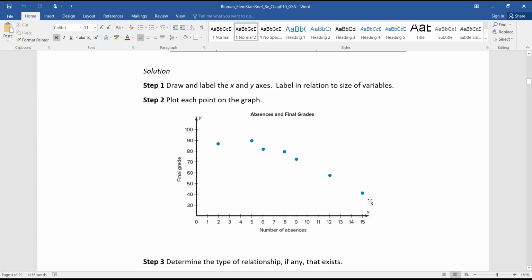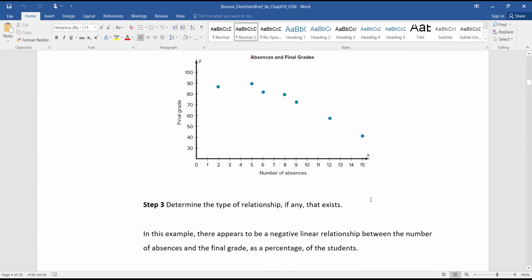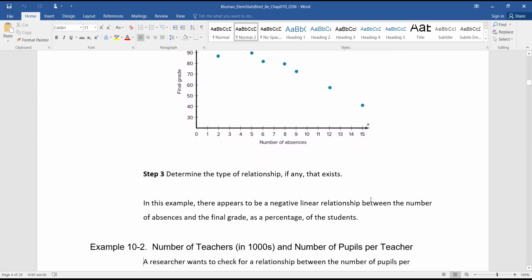The third thing to do is now we need to determine the type of relationship, if any, exists. So you can see in this example, there appears to be a negative linear relationship. So I could probably draw a negative linear line that would go through these dots or relatively close to these dots.